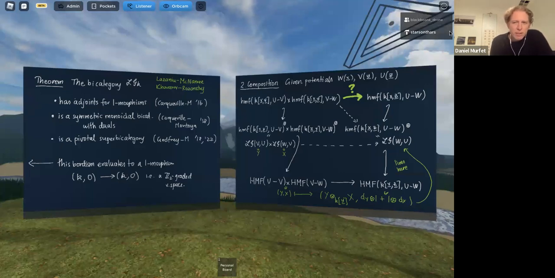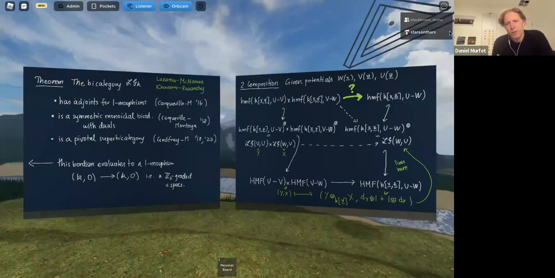But maybe it's not impossible to still ask for a finite description in some sense, right? Maybe it's not actually writing down a matrix factorization. Maybe it's some other kind of data, but it's not completely hopeless. And in fact, you can do it. It's not hopeless to write down some kind of finite datum which represents this composition in some useful way.